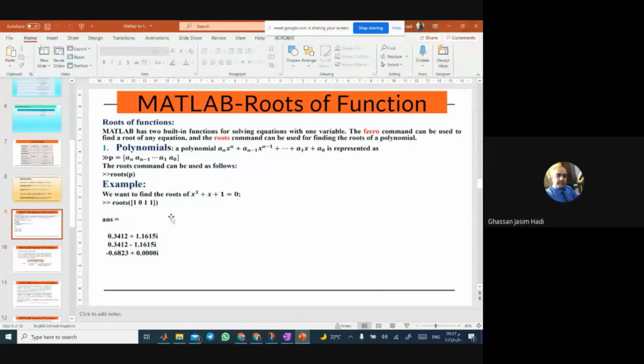Okay, this is the first command to find roots. It is named roots. So easy.